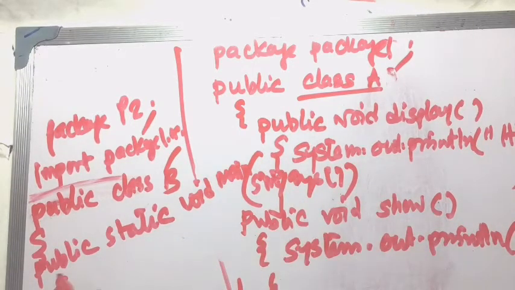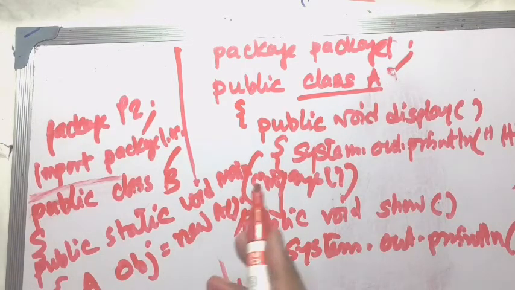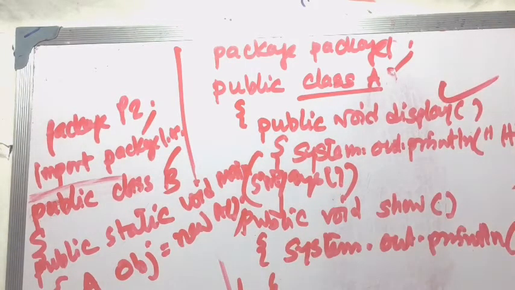Now we can use class A, suppose the object name is obj equal to new A, and we can call the method display, obj dot display, it will display hi, and obj dot show, it will display hello. So in public there is no restriction on use of any data member, constructor, methods, variables.